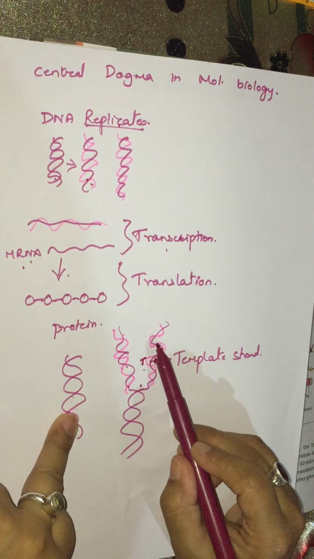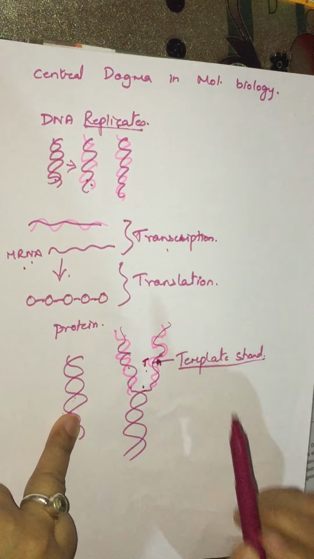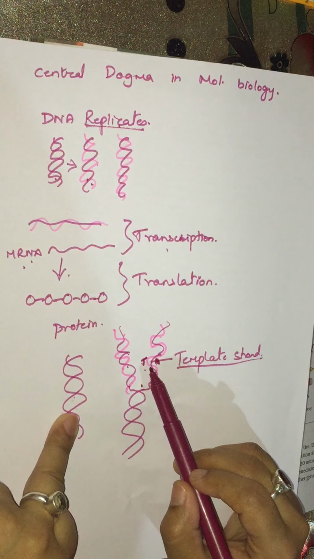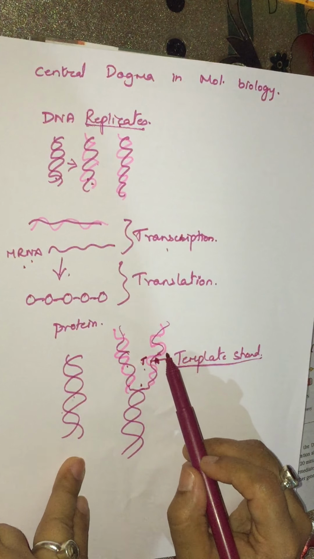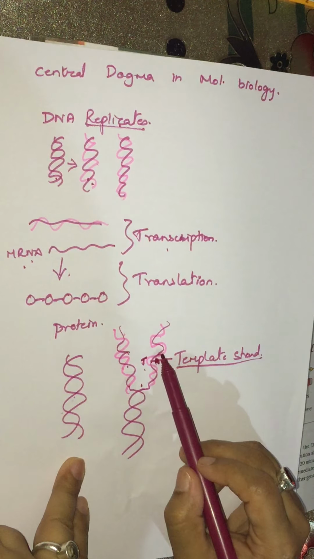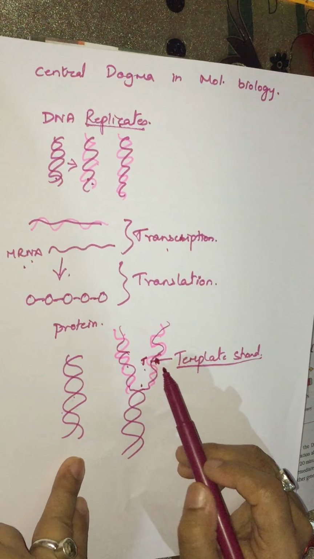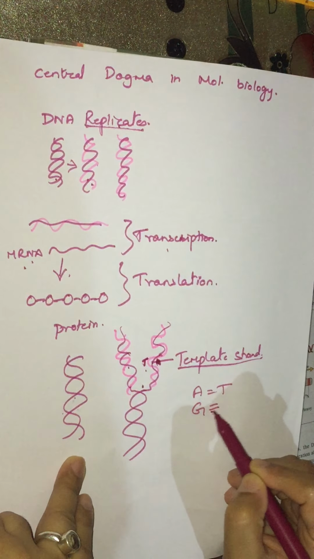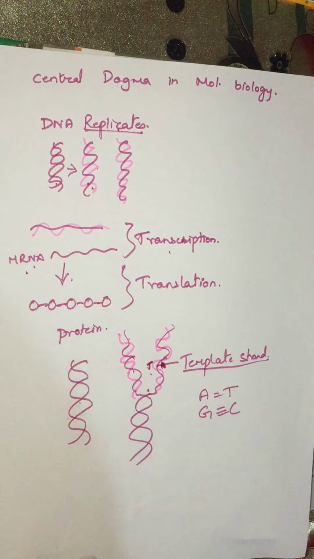If there is A in the template strand, then in the newly synthesized chain there will be T, and if there is G, there will be C. If there is T in the parental strand, then in the newly synthesized strand there will be A. Complementary base pairs come together and form a helical structure of DNA.